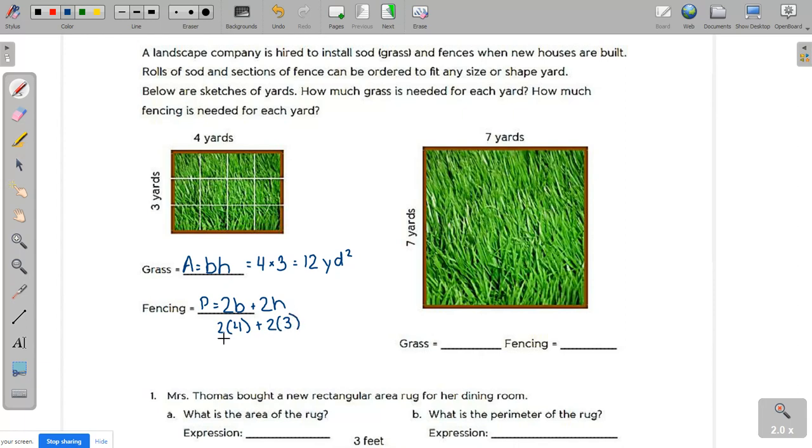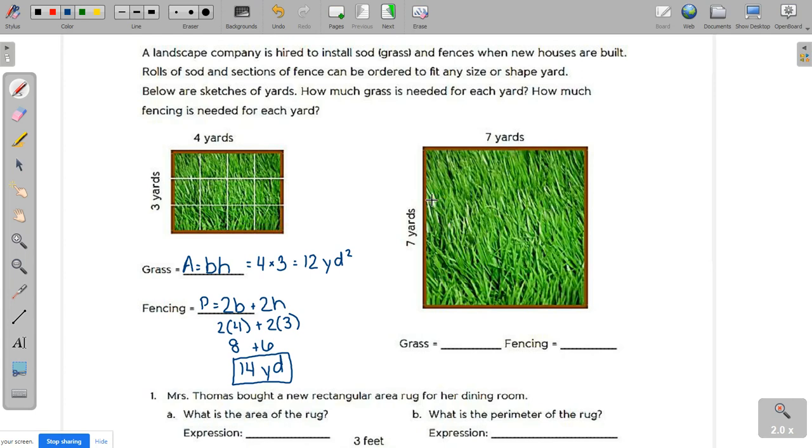Now let's simplify. 2 times 4 is 8, plus 2 times 3 is 6. So we get 8 plus 6 is 14, and then yards for our unit. Let's look at the next problem.